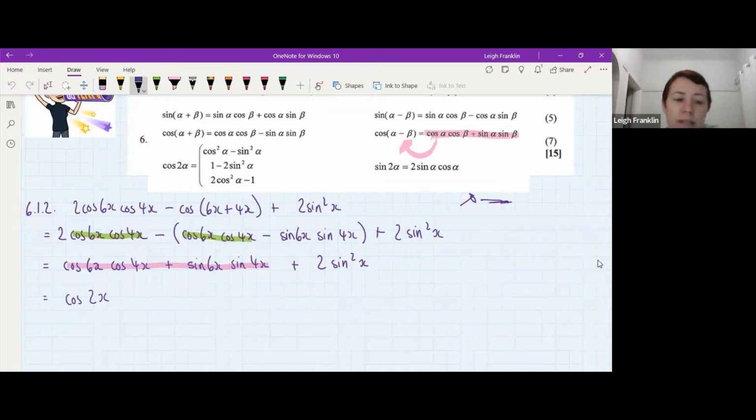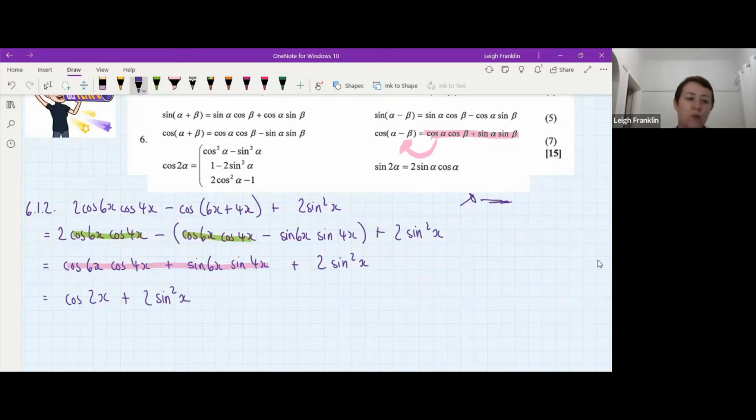One of the big mistakes that we make in matric is that the 2 ends up being a coefficient of 2 rather than a square. So just be very, very careful about that. Plus 2 sine squared x. So now we've got a double angle and we've got 2 sine squared x.